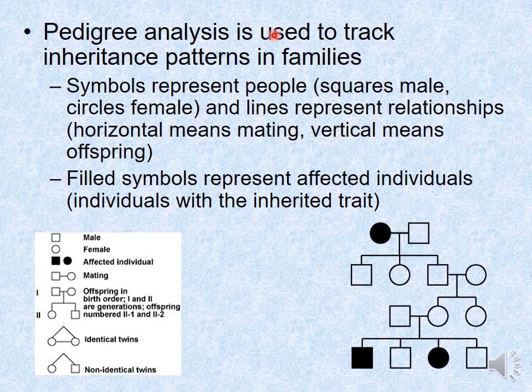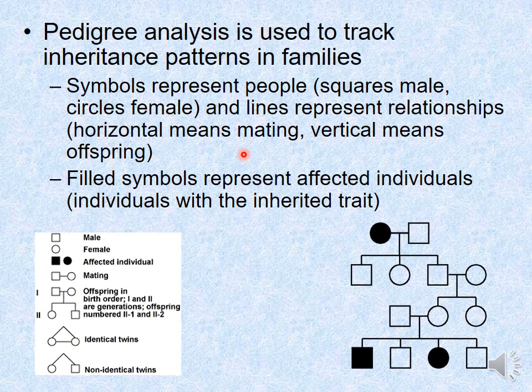So a pedigree is an analysis that is used to track the inheritance patterns in families. And how do we do this? Well, they have to be set up in a way that, every time you draw one of these, people know what you're talking about. There are standards to these pedigrees. That means the symbols and everything have to be the same across the board.